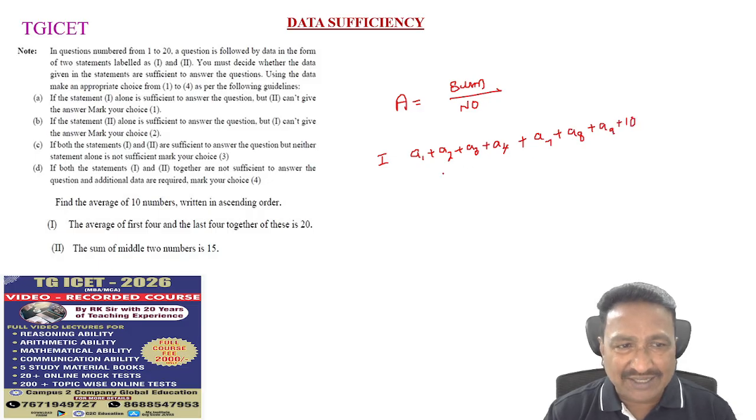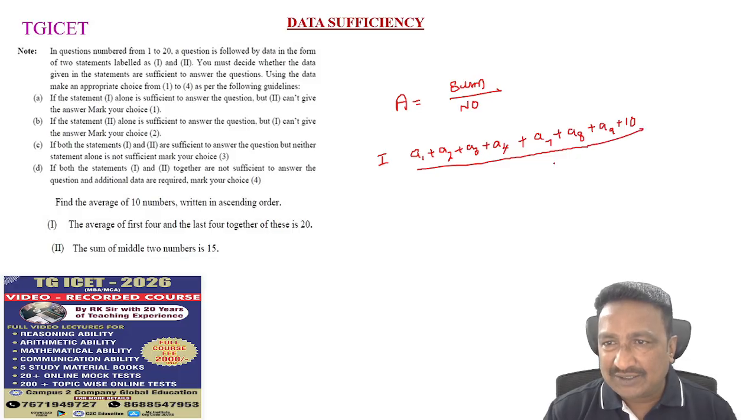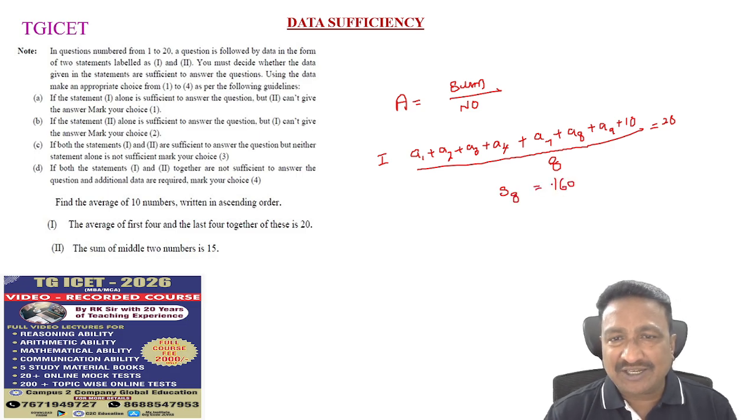The average of these 8 numbers is 20, therefore the sum of the 8 numbers is 160. But according to the first statement we cannot decide, because we don't know a5 and a6, the fifth and sixth terms. So we cannot decide the answer from the first statement.